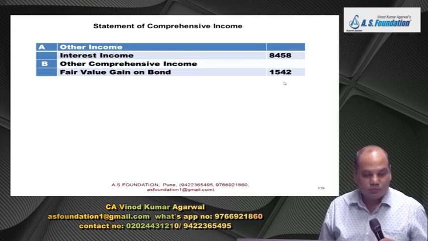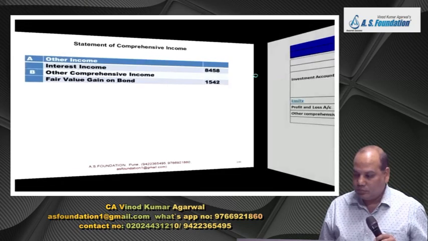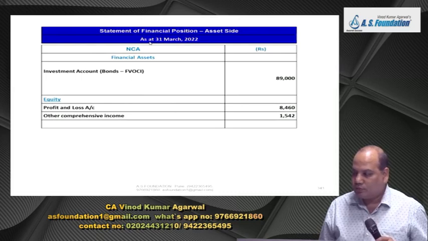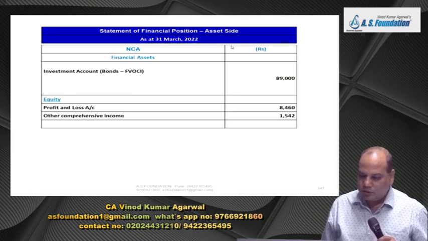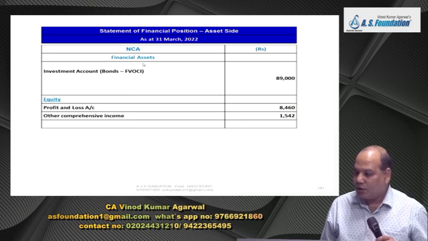And what about the balance sheet? So write down, those who have done. Statement of financial position, asset side, as on 31st March 2022, in bracket write extract. So asset side, non-current asset, financial asset, investment account, bonds, FVT OCI.